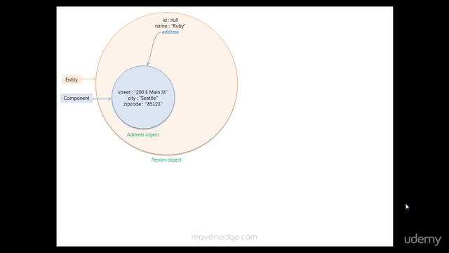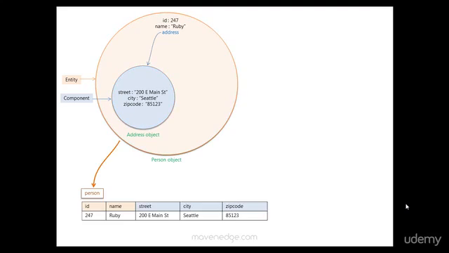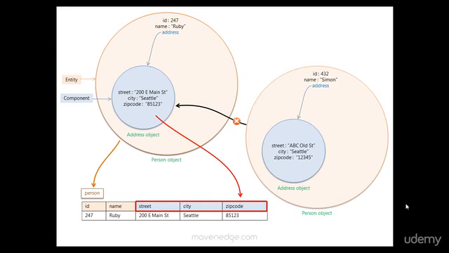For example, in the diagram here, we could see that the address component is contained by the person entity. So when we persist the person entity to the person table, the address component will be persisted as a value type. Also, a component cannot be referenced by any other entity than the one it is contained within.